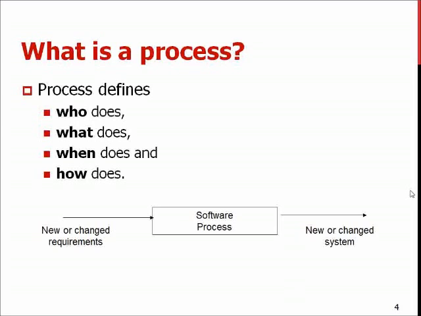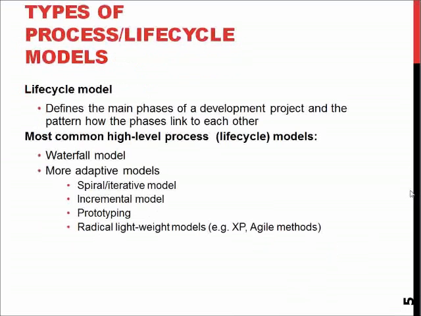The people, the model, the paperwork, the amount of design, the software tools applied, when are we going to have meetings, do we have reviews, all the things needed to get from requirements to a new system that tries to fulfill the identified requirements.